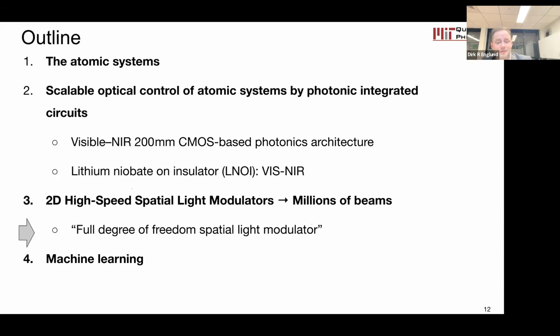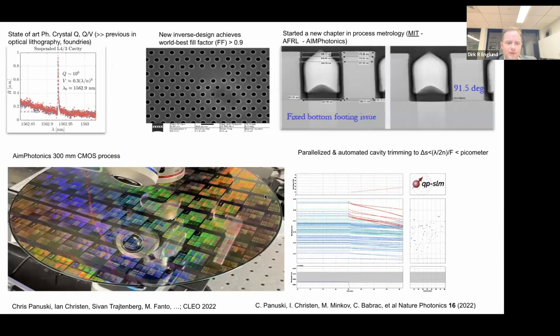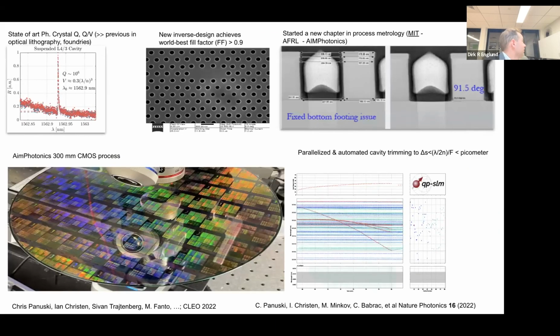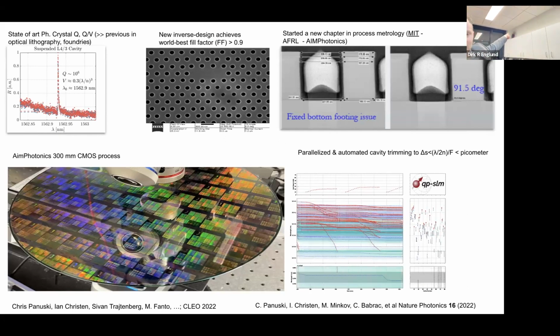This has motivated several people. This is not a revelation. Certainly, a lot of people have tried to make high-speed spatial light modulators, but it's been a really tough thing to do. So one pretty promising direction that we've even taken is to make arrays of silicon cavity modulators, where nowadays on a chip this size, which incidentally I have standing up there, I don't know if you can see, that's one of the wafers.